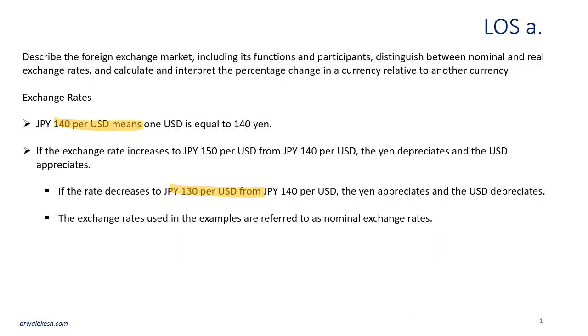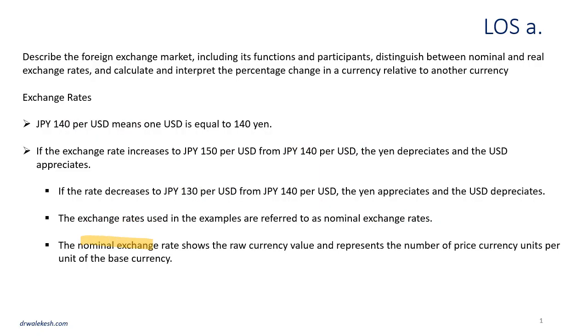These examples that we used here relating to exchange rates are referred to as nominal exchange rates. The nominal exchange rate shows the raw currency value and represents the number of price currency units per unit of the base currency.